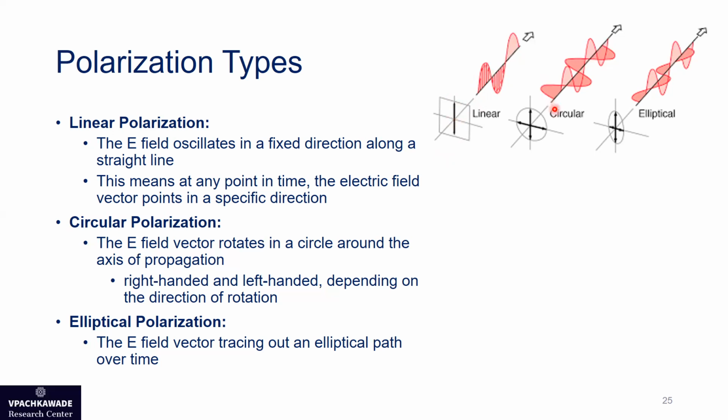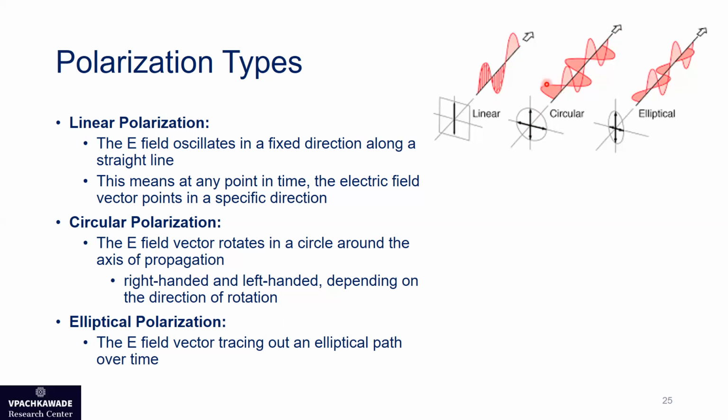Second type is circular polarization. You see the E field vector here, indicated by the dark red shape right here. It rotates in a circular fashion around the axis of propagation. This is your axis of propagation, and the E field component is rotating in a circle around it.